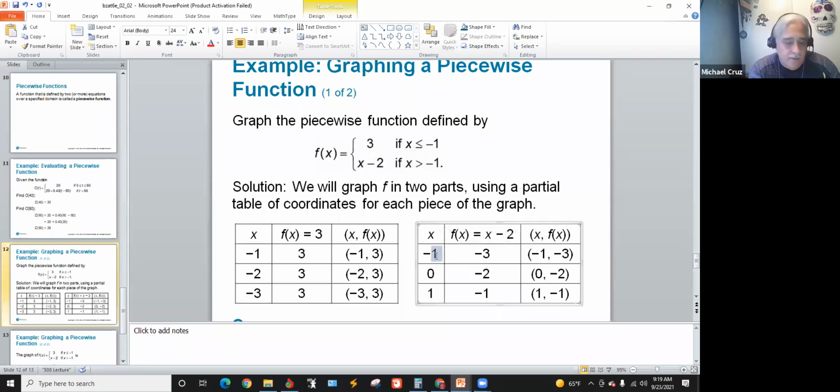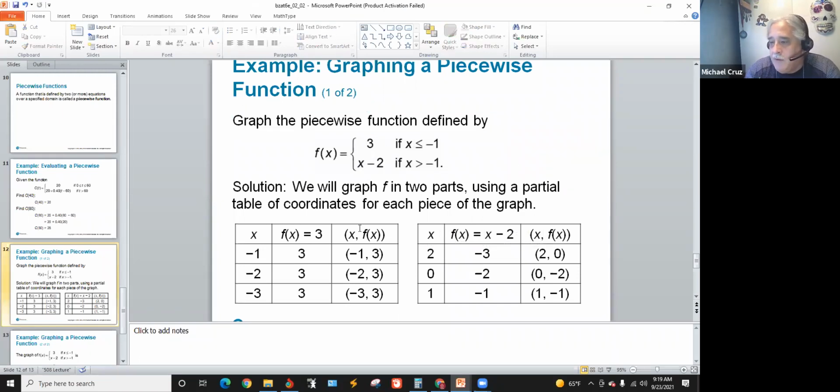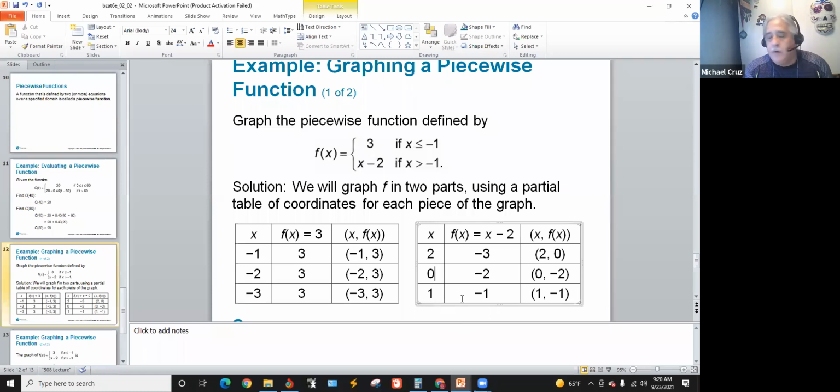Let's put something else there. If I put in 2, we would get 0. There we go. Anyway, that's just something I noticed. The first piece says less than or equal to -1, so it includes -1. And this one's greater than -1, so it would be 0, 1, and then 2. I just got the order a little bit off because I had to replace it.